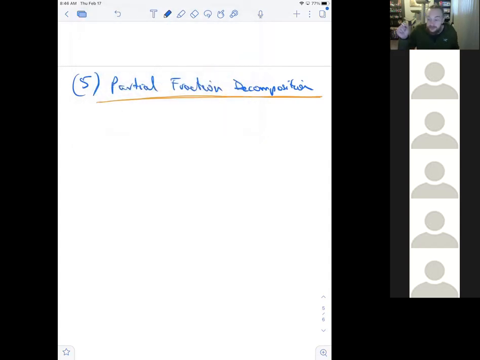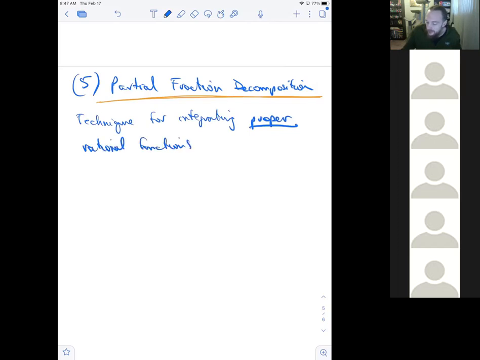So what are we trying to do? We're trying to integrate all rational functions. So what's a proper rational function? R of x is equal to P of x over Q of x, or let's do A of x over B of x.